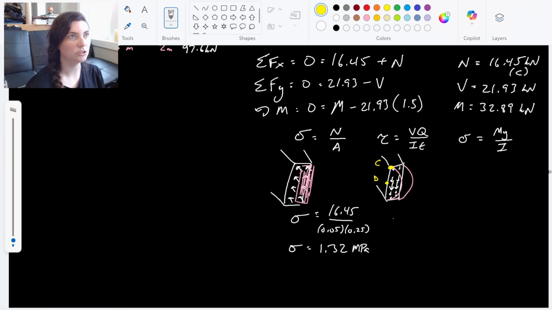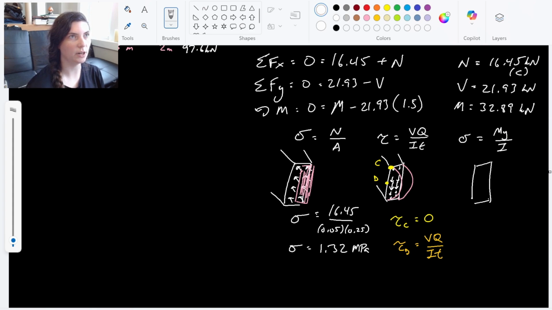So our shear stress at C is going to be 0. But our shear stress at D will have a value. So it will be VQ over moment of inertia times t. And we need to find a few more things before we can actually solve this one. So we'll do those in a second. But before we do that, let's go ahead and look at the bending stress.